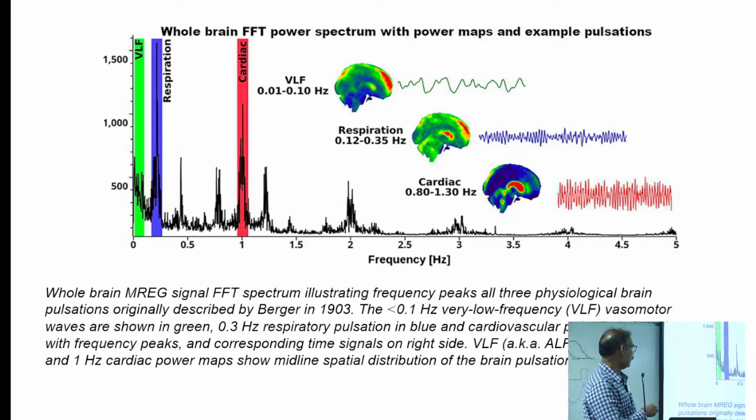This is from another group. This is work by Vesa Kiviniemi. I had shown his work before. So here they are also collecting data at 100 millisecond sampling, right? And what they are saying is that these are the very low fluctuations from which we can generate the resting state network.